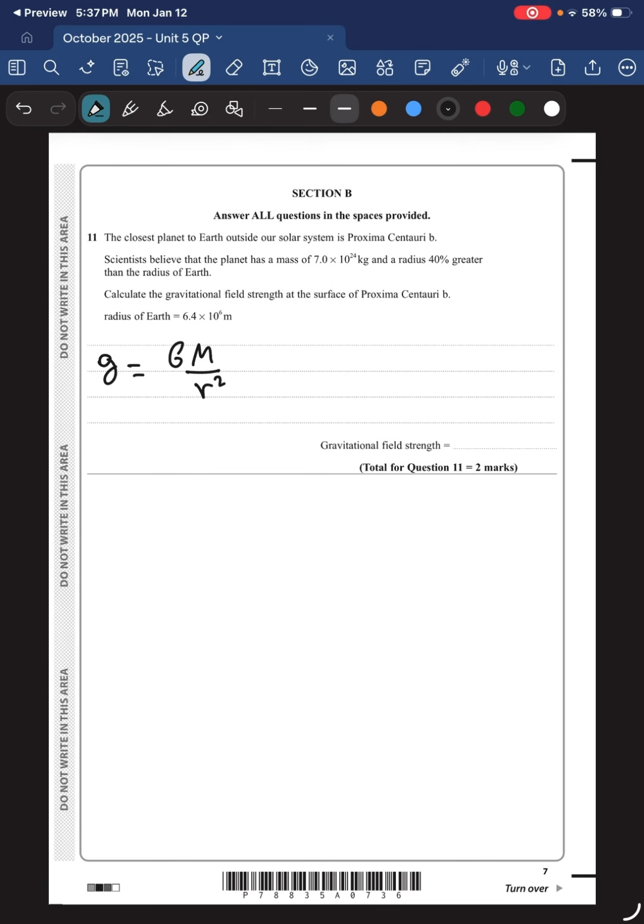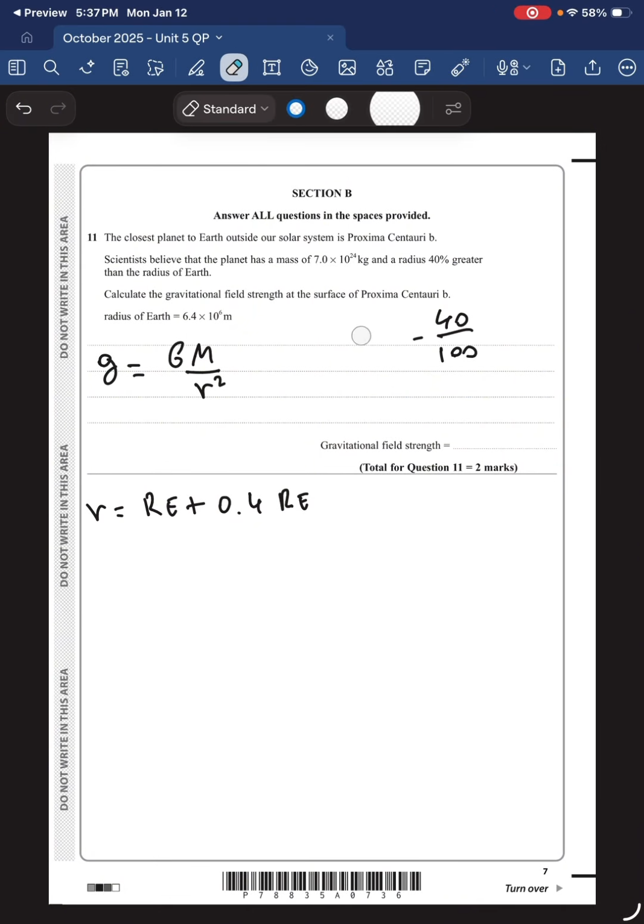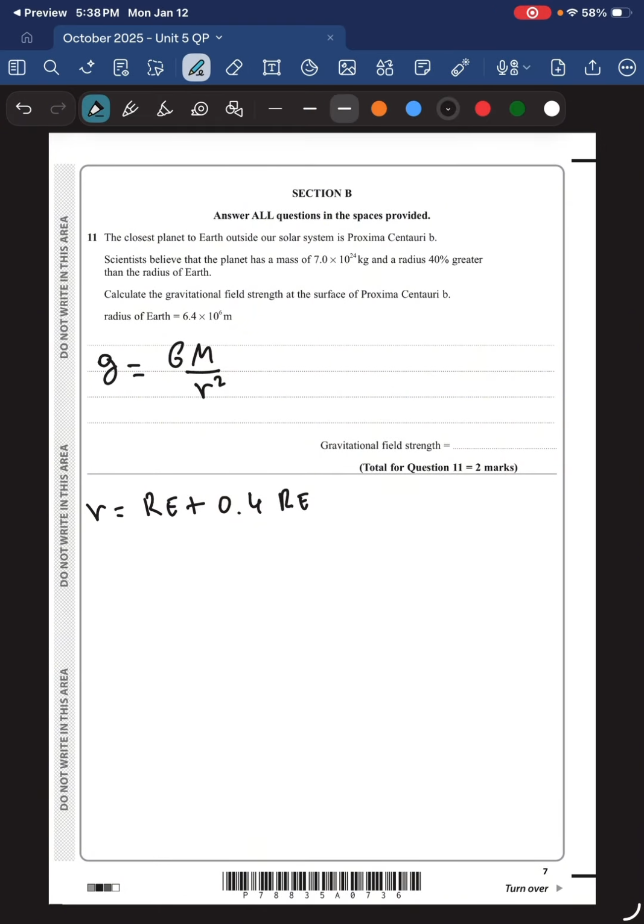Okay, r is the radius of the Earth plus 40% because it's 40% greater. So let's say 0.4 times the radius of the Earth, and 0.4 is of course 40%. Okay, I hope that's easy. So this means that the radius is 1.4 times the radius of the Earth.